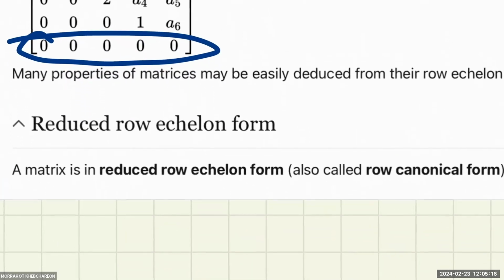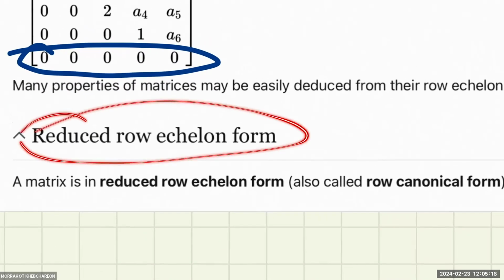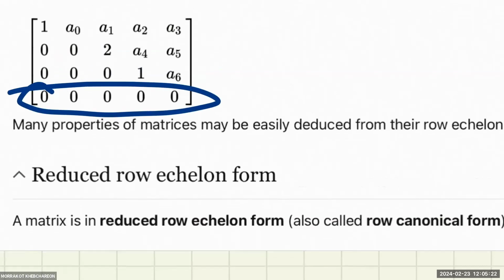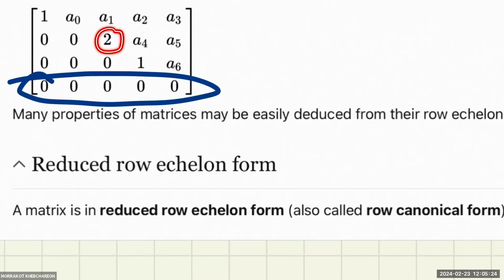And if I say the words reduced row echelon form, the only difference is that instead of the pivot being 2, it has to be 1. That's what adds the word reduced.